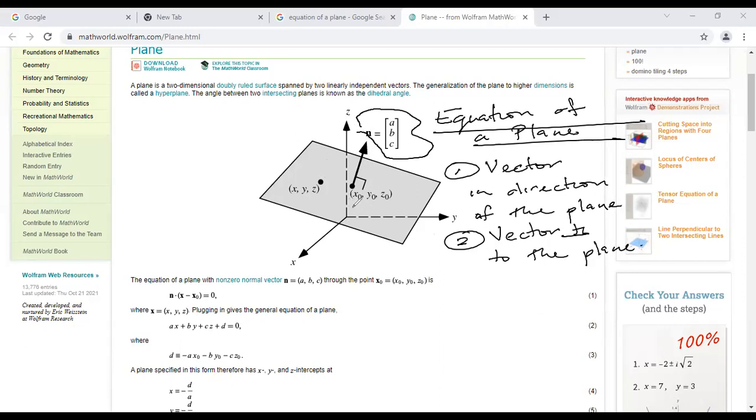We need a vector that is somewhere in the plane.